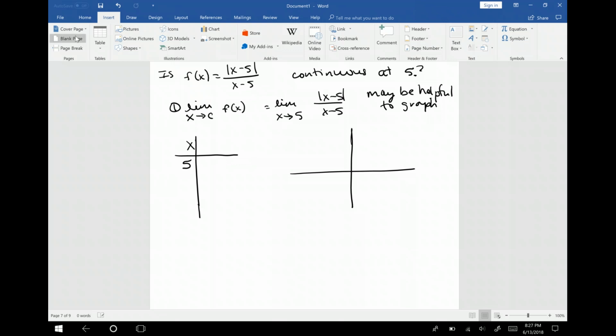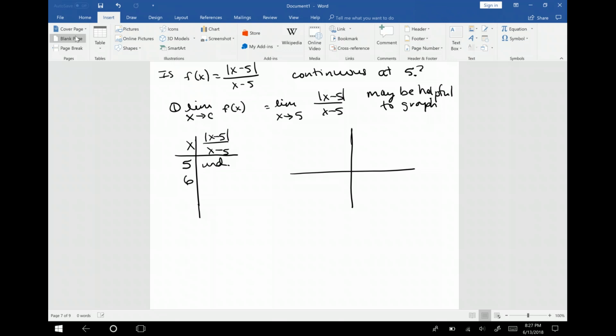If I plug in a 5, the numerator is a 0, the denominator is a 0. It's really undefined at 5, because you can't divide by 0. So let's pick something else around 5.